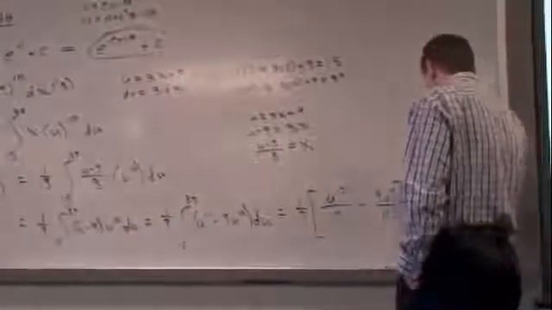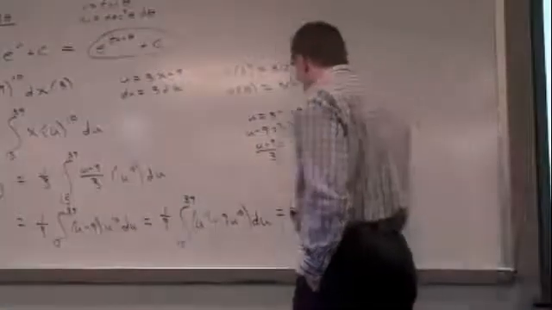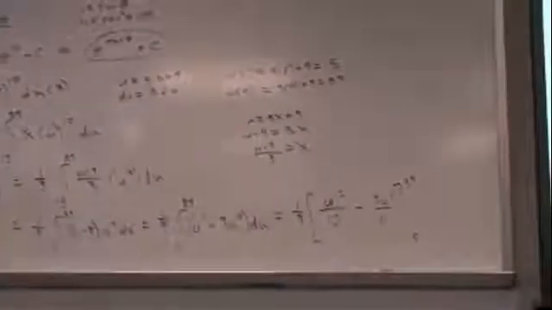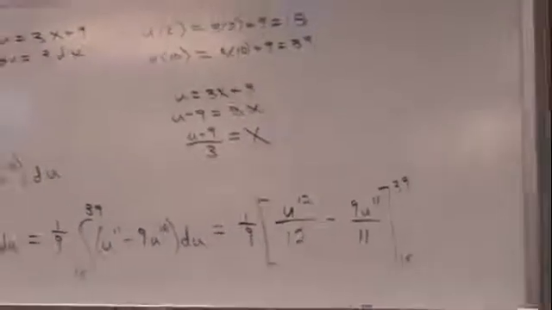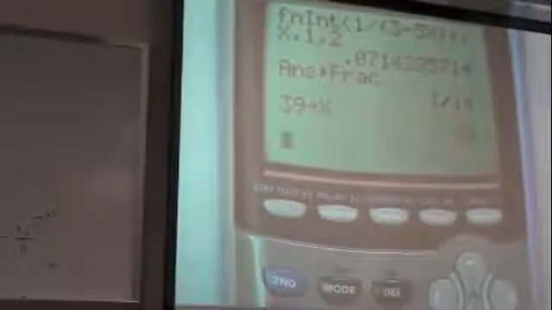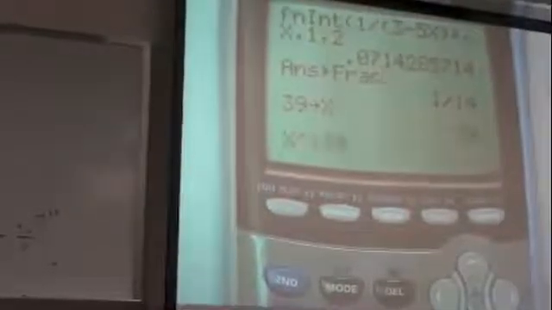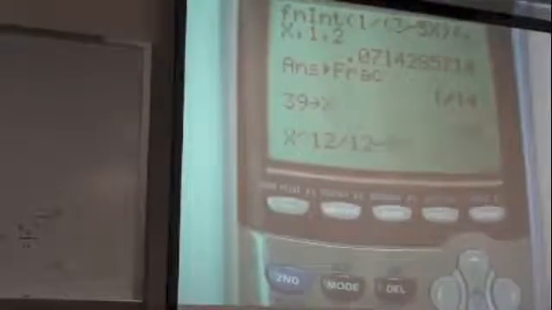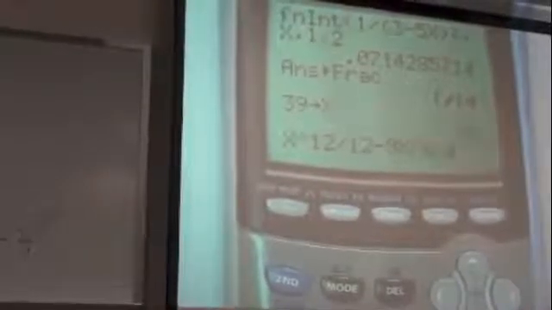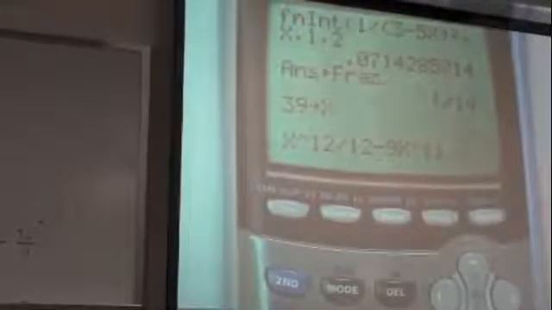Ooh, that's going to be some ridiculously large numbers in there. So if I tried to evaluate this on the calculator, I'll say, okay, let x equal 39. So what is x to the 12th divided by 12 minus 9x to the 11th divided by 11?